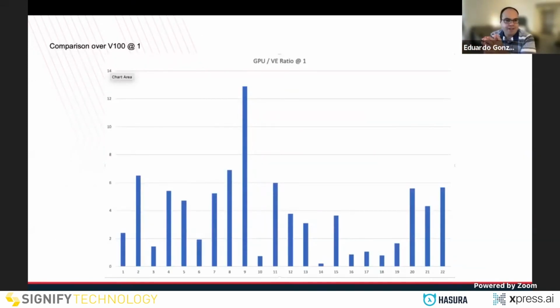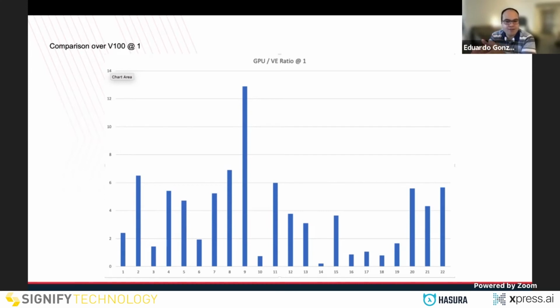So at 1, which is the 1 gigabyte benchmark, you can see this is kind of like the raw data. It's the ratio of the performance, right? So at 1, that means that the vector engine and the GPUs take the same amount of time. And as you can see, in general, we are winning out. There are some queries that we're looking into, like 10 and 14, those are going to actually be an issue throughout the other ones.